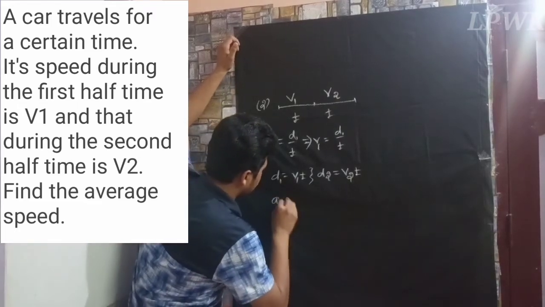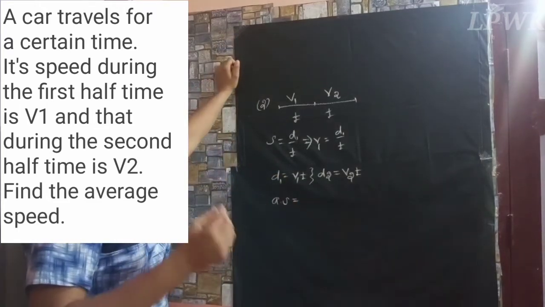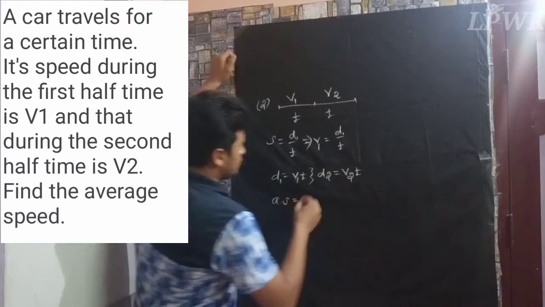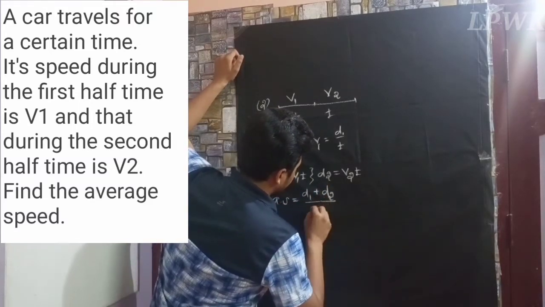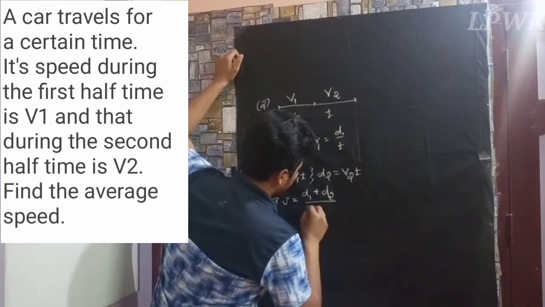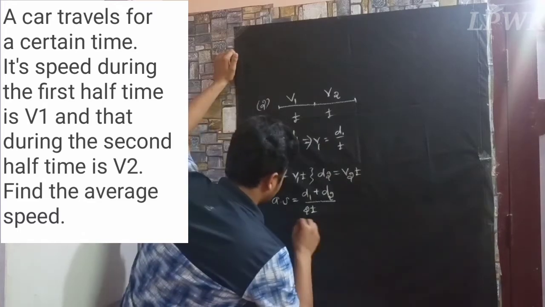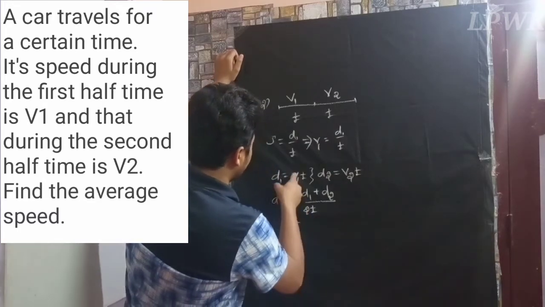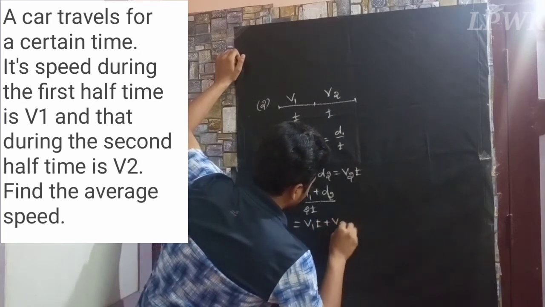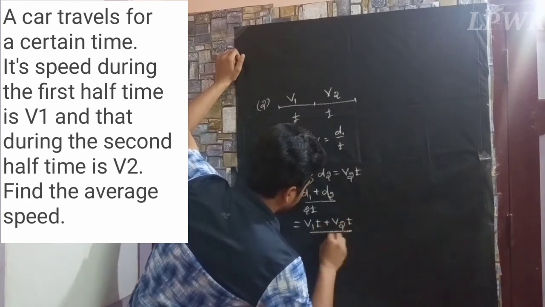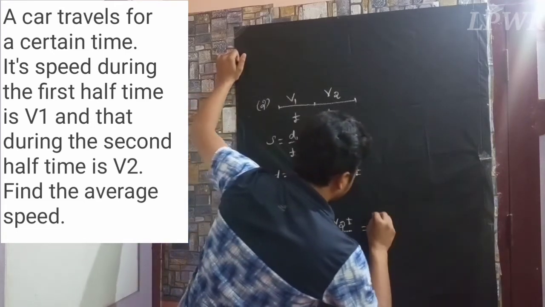Average speed will be total path length by total time interval. So d1 plus d2 by 2t, because the time will be same. Okay, and then for d1 and d2 we can substitute v1 t plus v2 t over 2t, and then t will be common here.